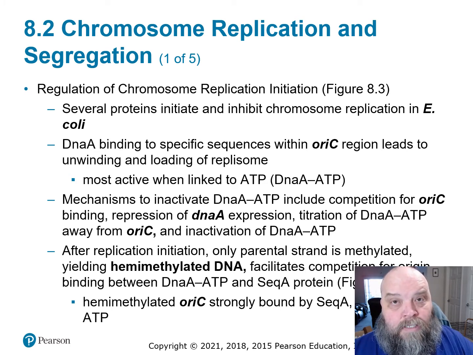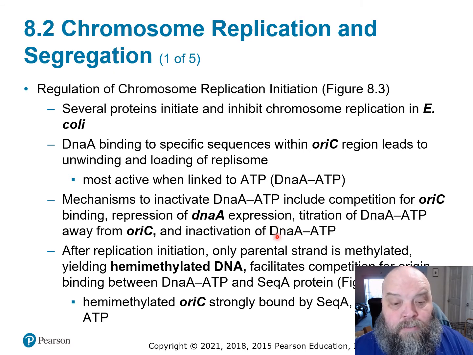Just like oriC, ori is the collection of genes that have to do with the origin, and C is the specific gene. Notice it's three letters and then a capital letter. When you see oriC, lowercase then uppercase, this denotes you're talking about a DNA or gene sequence.